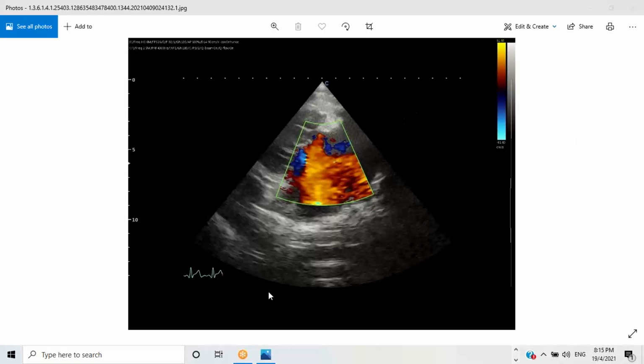Remember that color flow Doppler is a type of pulse wave Doppler, but it's color coded. So we just have to wait. Well, I guess this is still color. This is a still of color, but that's okay.